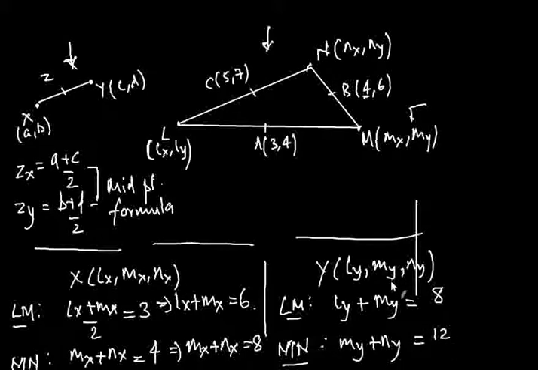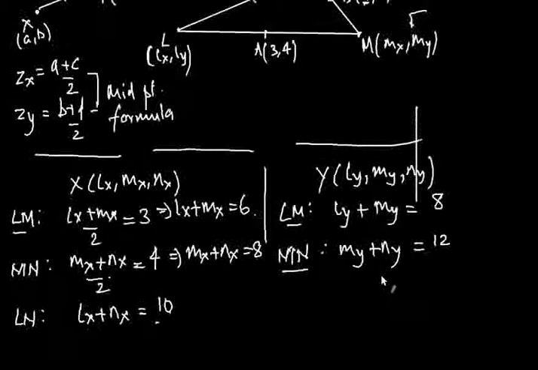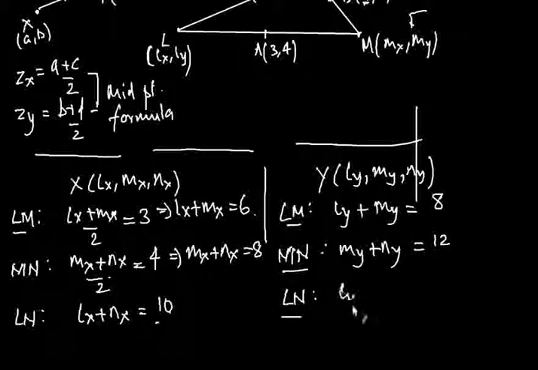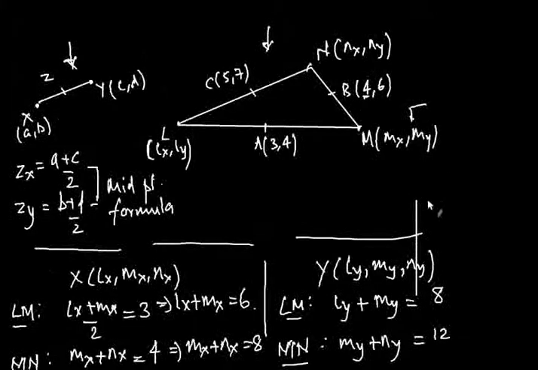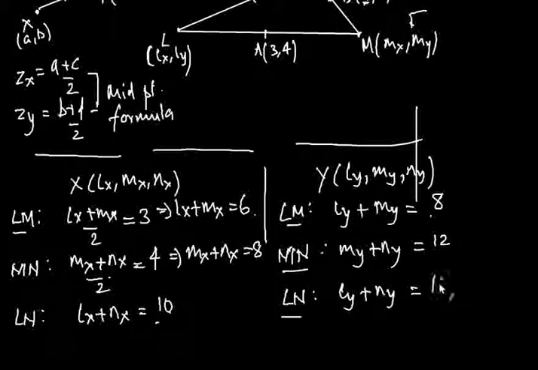And if we look at line LN, then Ly plus Ny is going to be 2 times 7, which is 14, right?